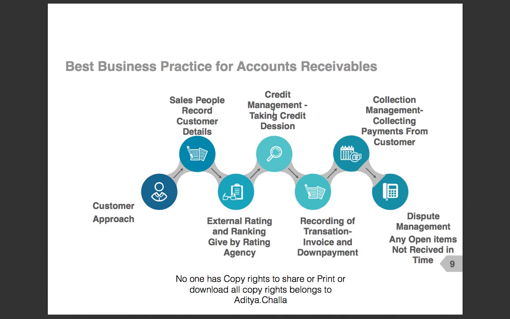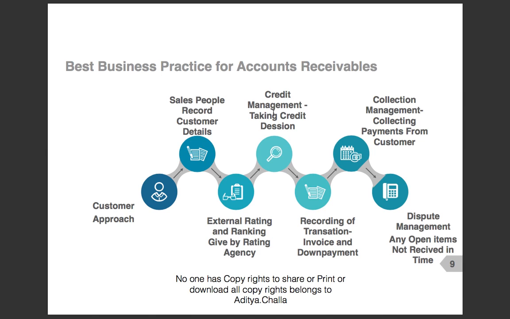Now if you compare with FSCM credit management, what happens? Whenever a customer approaches the organization, the salespeople update the information of the customer, and this data is forwarded to external rating agencies, such as Cybel, Crystal. Like this, we have some external rating agencies.